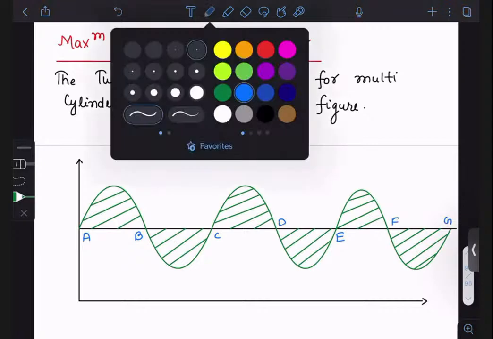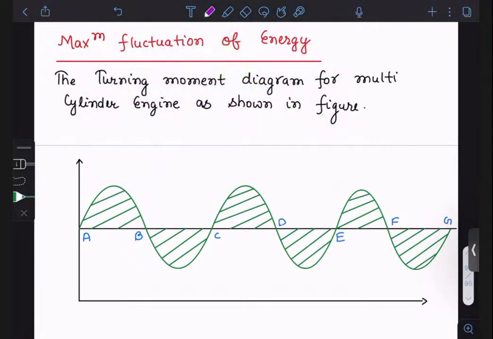Now this is your turning moment T, and crank angle is theta, right?